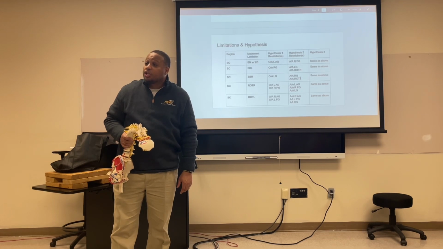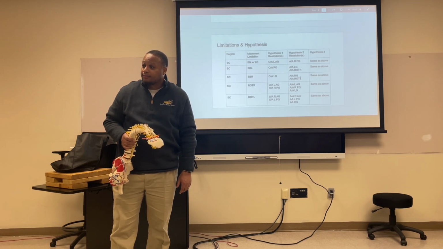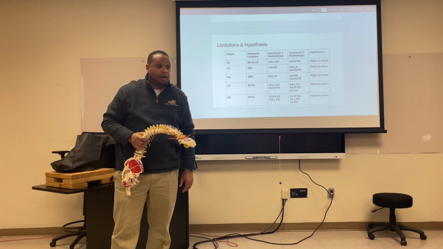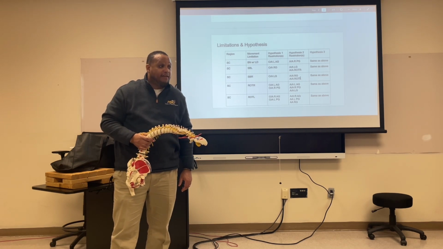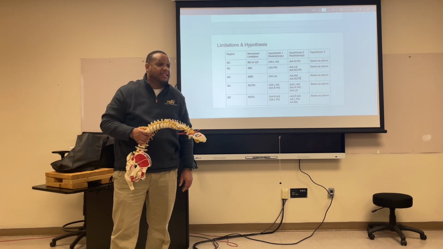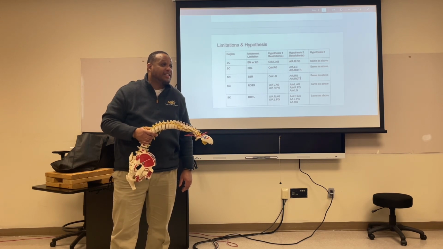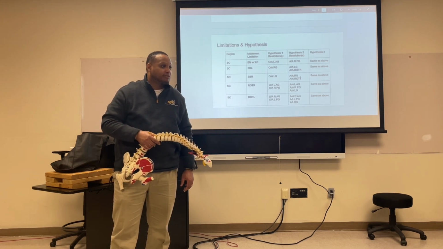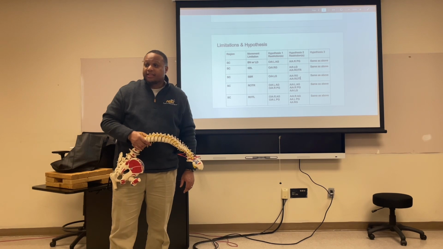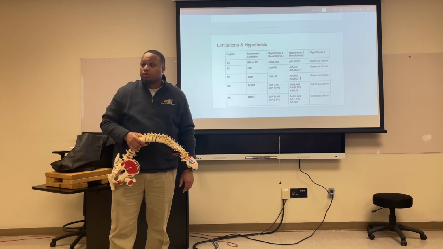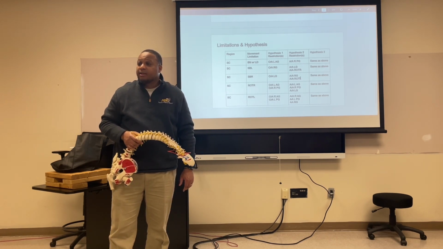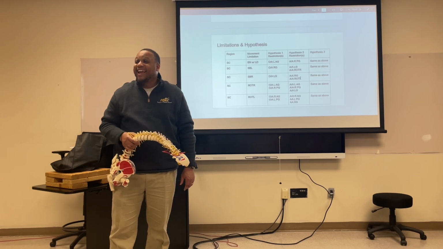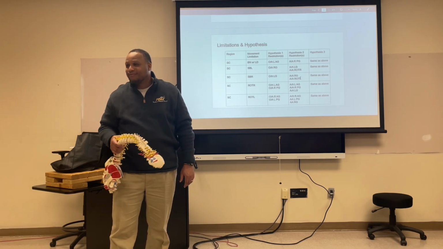The articulation between C1 and C2 is convex on convex. And the rule for convex on convex is that the motion and the slide occur in the same direction. So the convex on convex rule takes on the same rule as concave on convex.